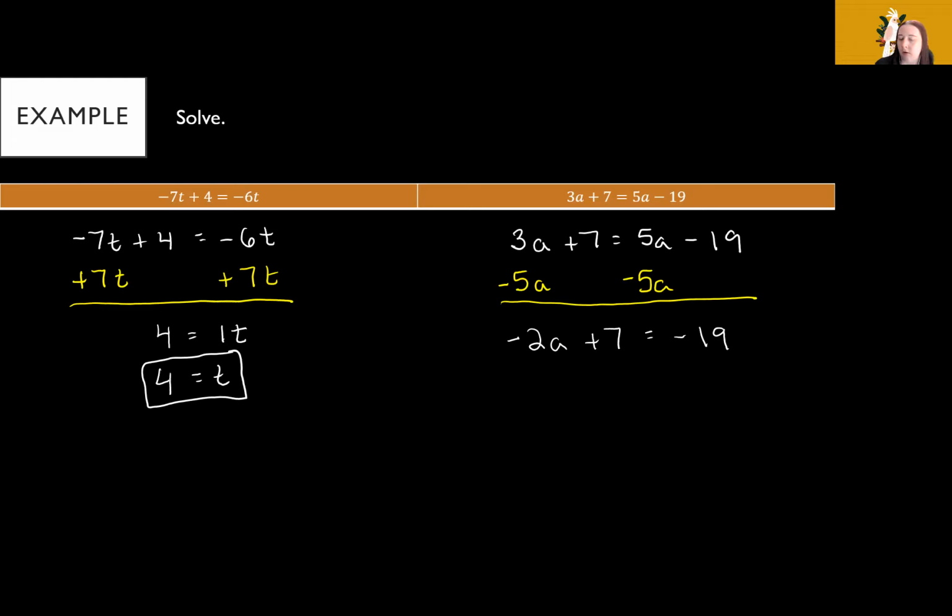Once you move your variable, then you move the number. So now that the variable is on the left, I have to move the number to the right. So that plus 7 needs to be on the right. So we have to use the addition or subtraction property again. I'm going to subtract 7 from both sides.